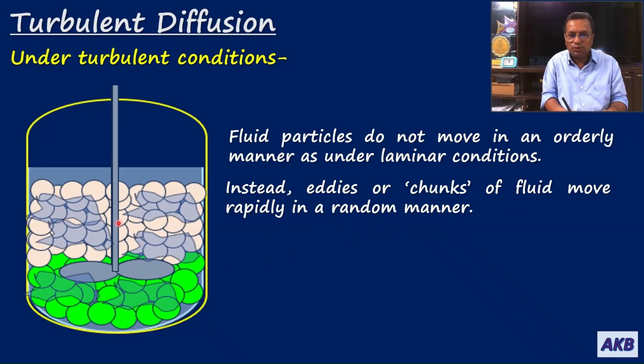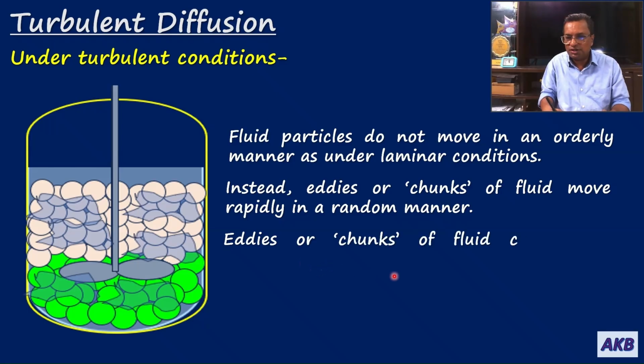So these blue color eddies that I have shown over here are moving rapidly and in a random manner. So instead of orderly movement of individual molecules, which happens under laminar conditions, under turbulent conditions there are eddies or chunks of fluid that move rapidly in a random manner.